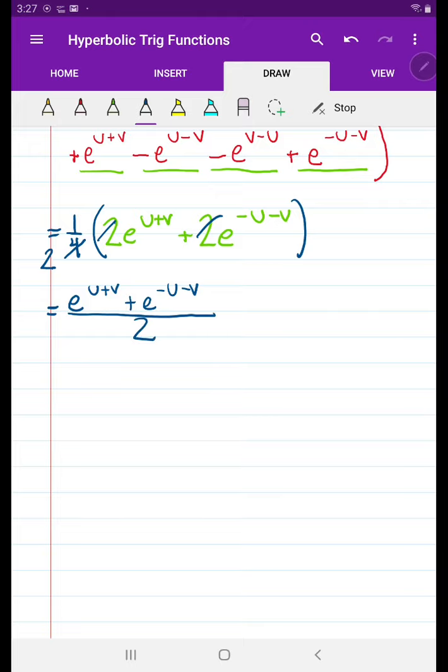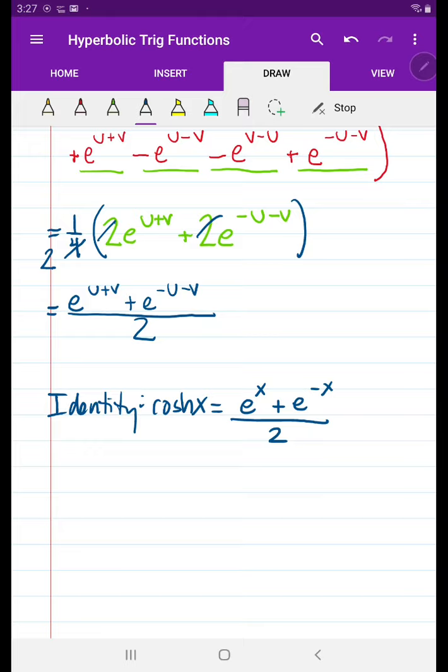And then if you remember, from one of the identities that we went over earlier, we said that cosh x is e to the x plus e to the negative x over 2.